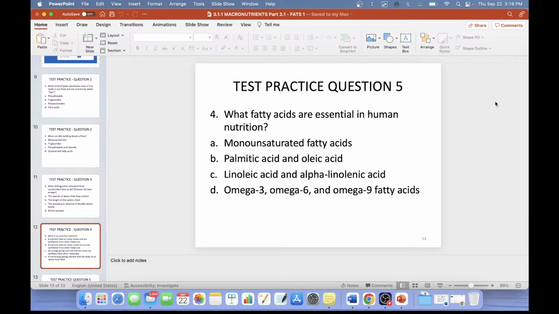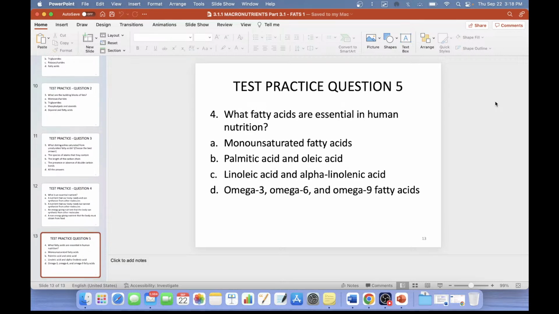Okay, what I'm seeing here is an even spread between C and D. The correct answer is C.